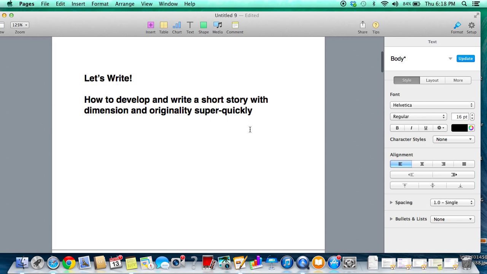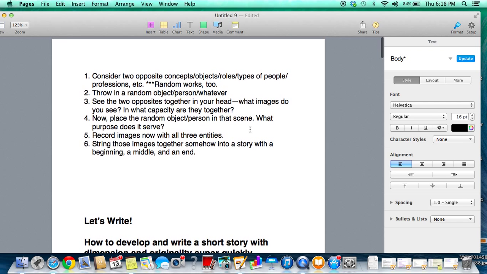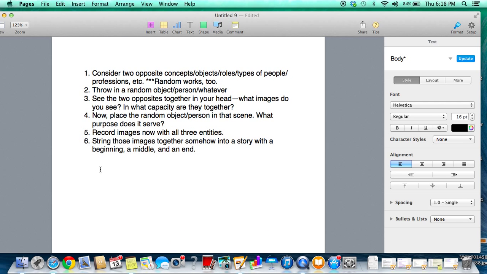So let's get right to an idea or way to develop your ideas for a short story. And so these are the steps here. And then what we'll do is we'll go through and take each step and apply it to a possible short story.